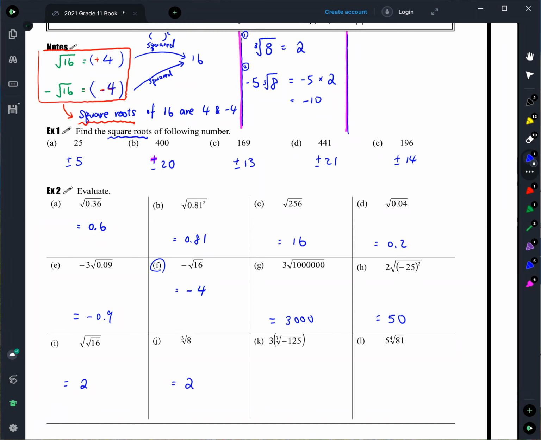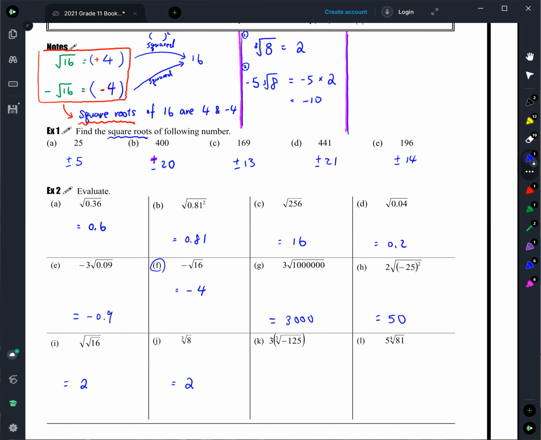Okay, question K. Mackenzie, do you have question K? Can I try? Give him another minute. Negative 15.